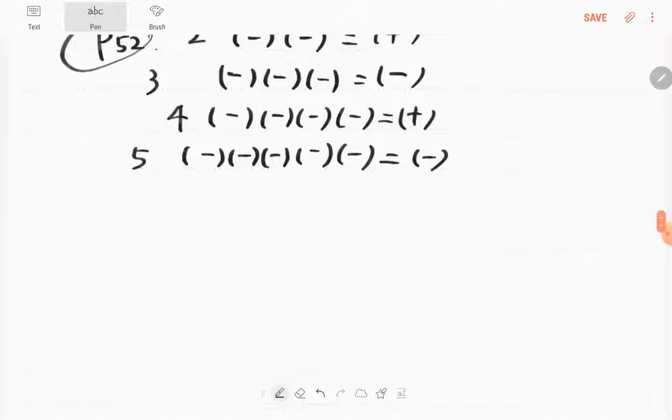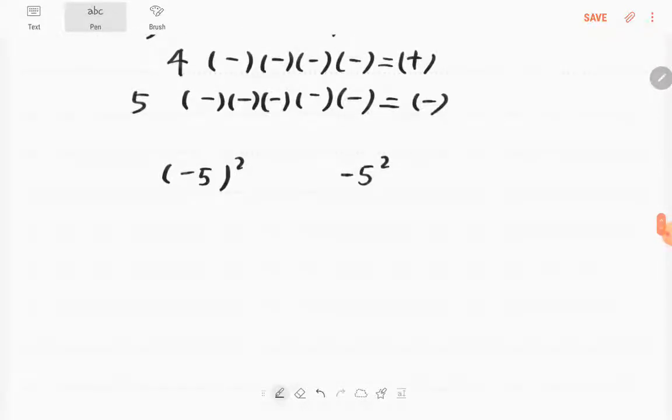And we should talk about the difference between these two cases, just in case some students mix up these two expressions. For this one, this exponential expression just means negative 5 is our base. So the negative 5 is the factor. It appears twice, right?